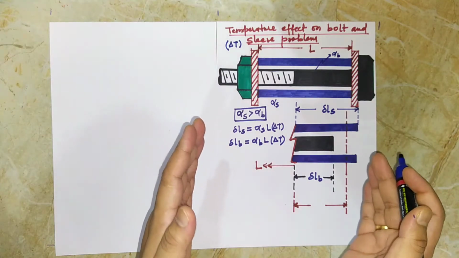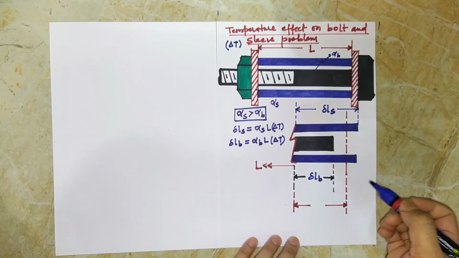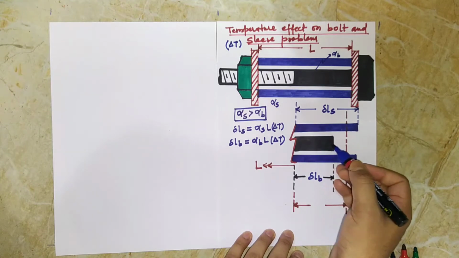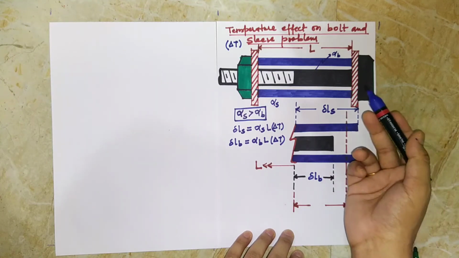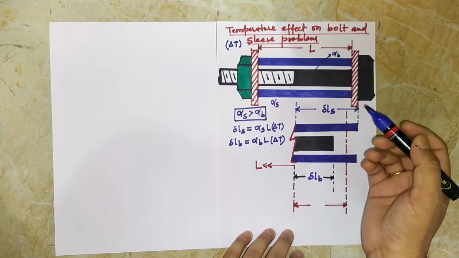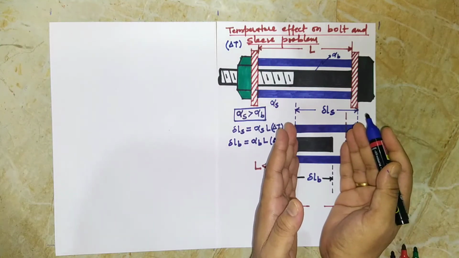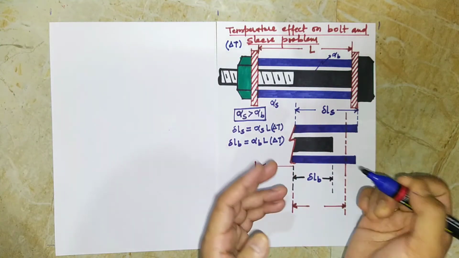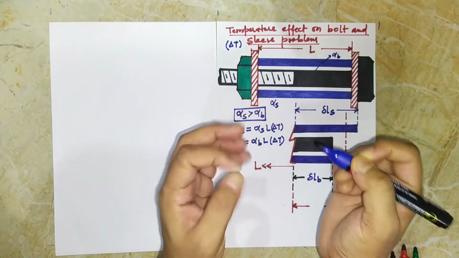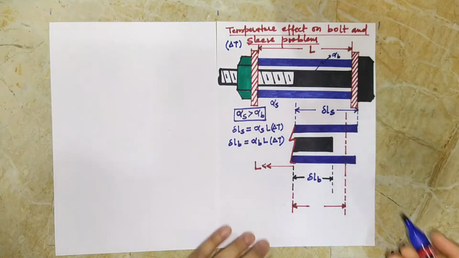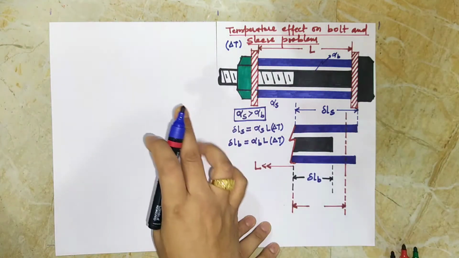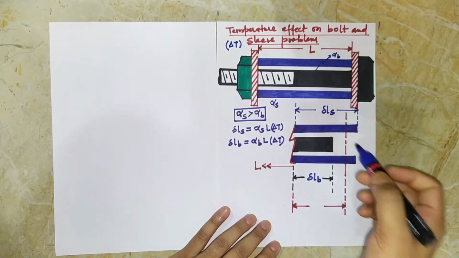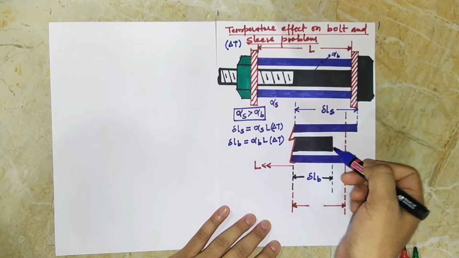When the thermal stresses are set up, the forces existing in the sleeve and the bolt in the original assembly must be such that they shorten the sleeve and stretch the bolt until the final elongations of the sleeve and the bolt are the same. Due to free thermal expansion, if they are set free, they will have different expansions.